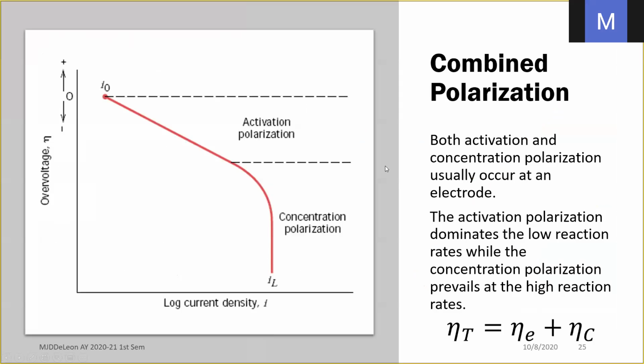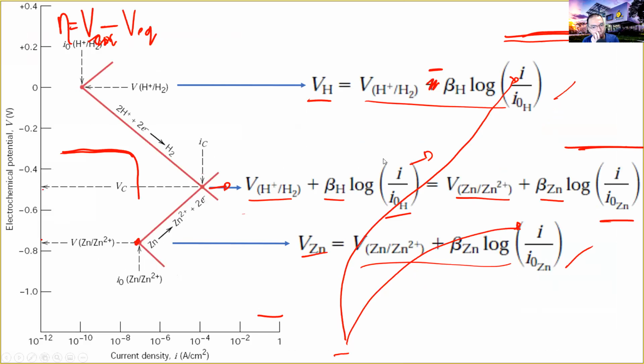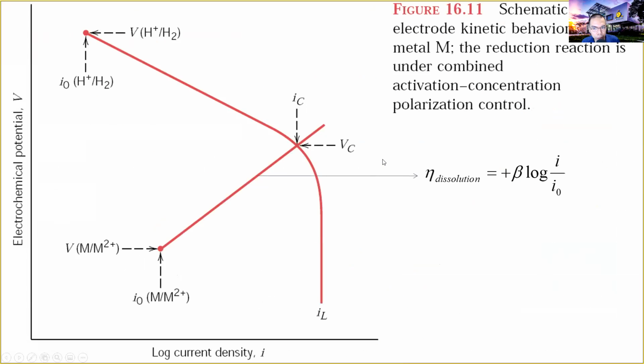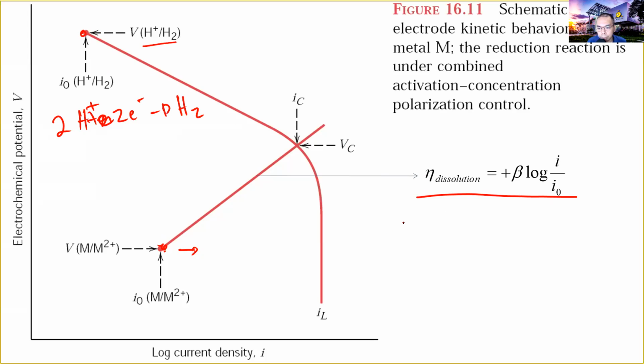So, combined polarization. We can also use the same principle in combined polarization. So we have a metal here. Our metal has a lower potential. This is what will corrode, and this plot is a Tafel equation. Then for our reduction, let's say an acidic environment, so we have H+: 2H+ + 2e- → H2 gas.